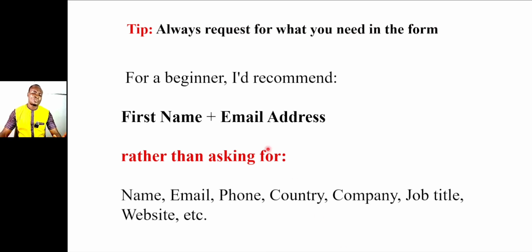Now, always request for what you need in the form. This is very important. In email marketing, you do not need everything. You just need two major things: the first name and the email address. The reason you need the first name is that you want to customize the email in a way that is specific to them, right?